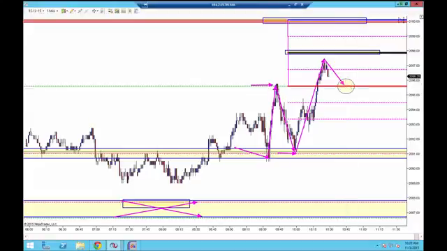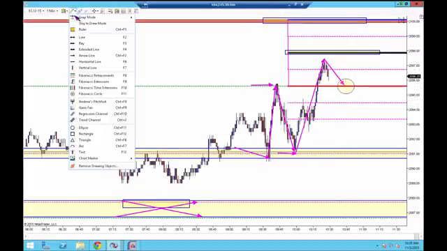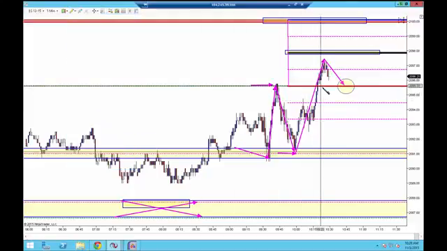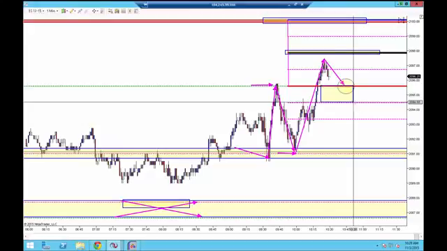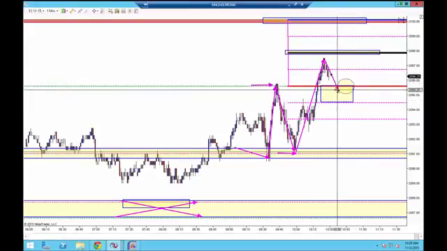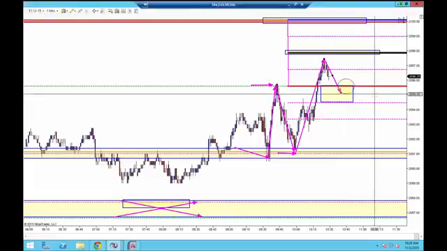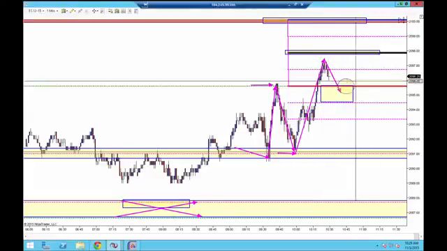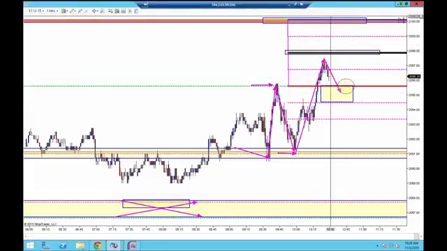So if I was to trade this, you have 95.75 to 94.50, right? This is all support. So let's just say you were buying this. You would look to buy the area on the pullback for another move higher.